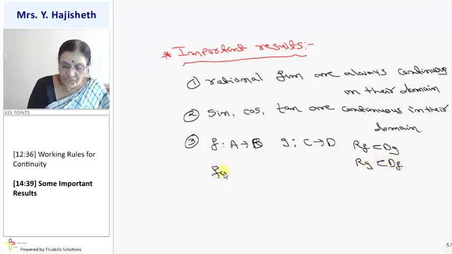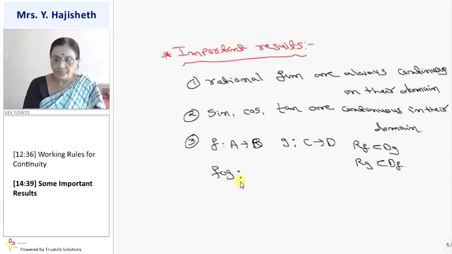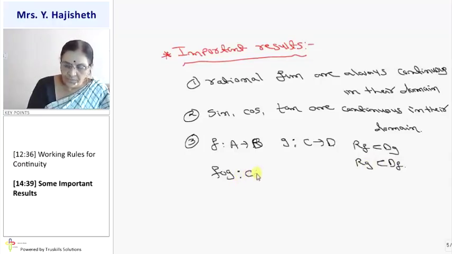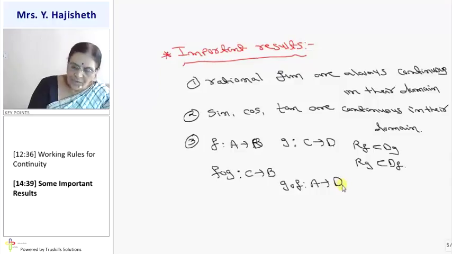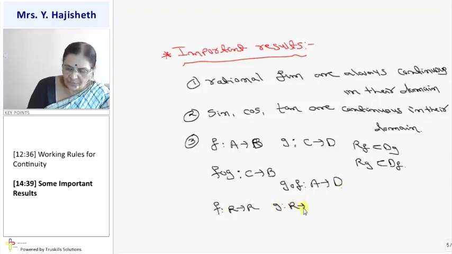Then both f of g and g of f exist. f of g is a function from domain of g to codomain of f, and g of f is a function from domain of f to codomain of g. That you have learned. Okay? Suppose now I take f as a function from R to R and g as a function from R to R.